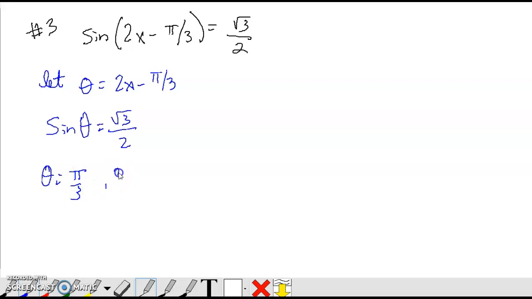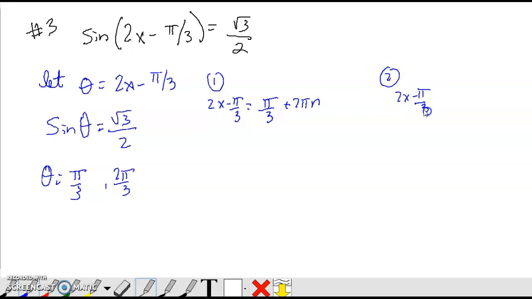In quadrant number 2, I have 2 pi over 3. So my first equation will look like this: 2x minus pi over 3 is equal to pi over 3 plus 2 pi n. Second equation, same thing, except it'll say 2 pi over 3 plus 2 pi n.